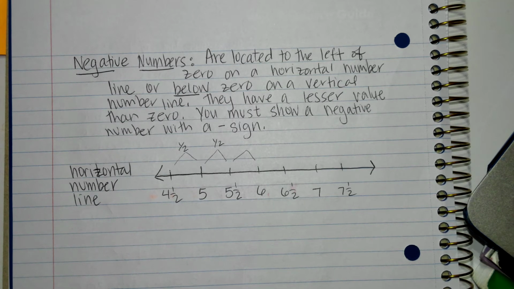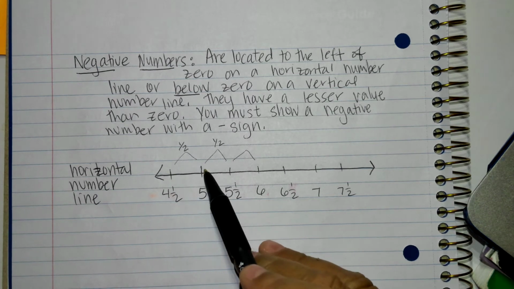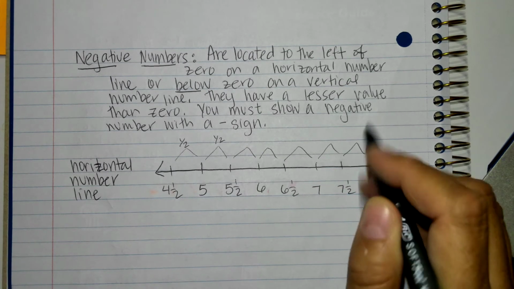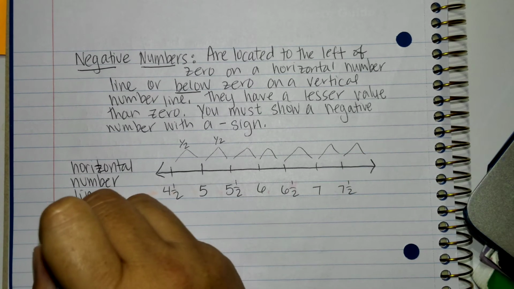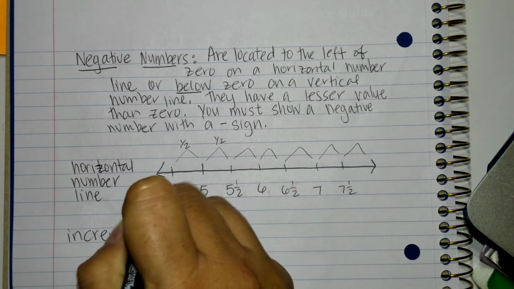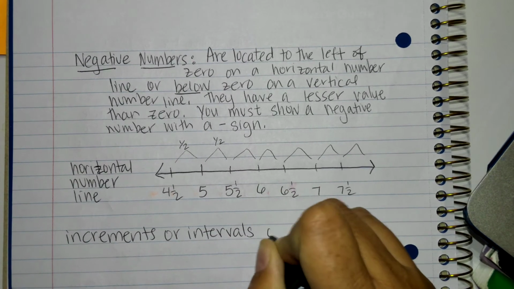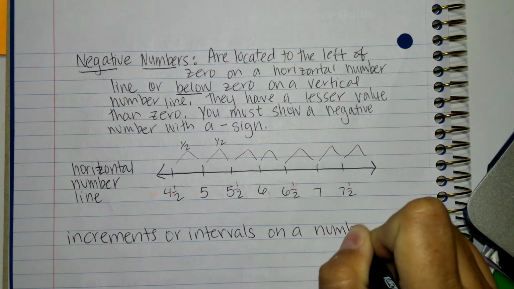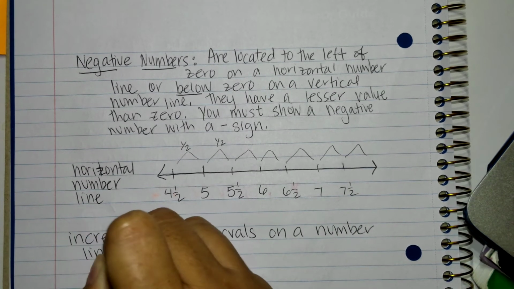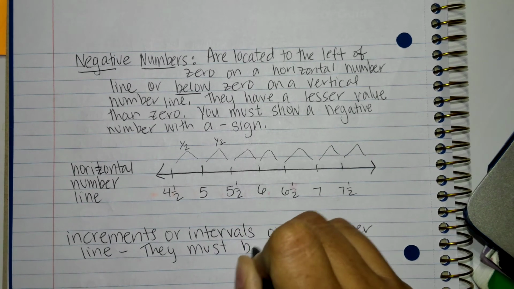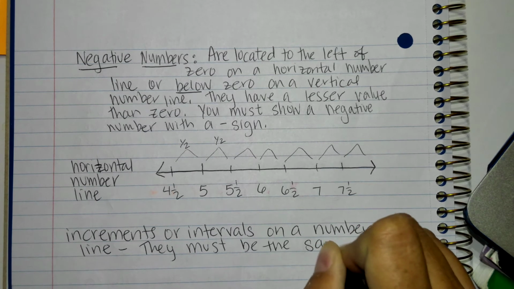When you are drawing a number line, the difference between the numbers, these little arrows that I'm putting here, these are called increments or intervals on a number line. And they must be the same.